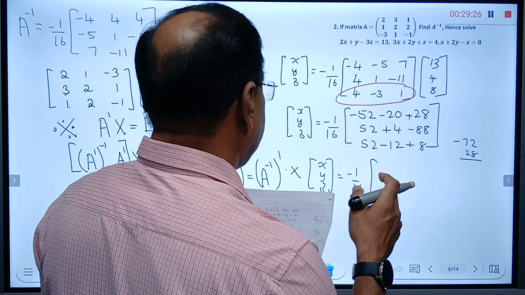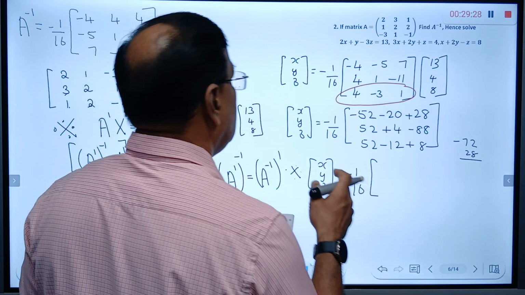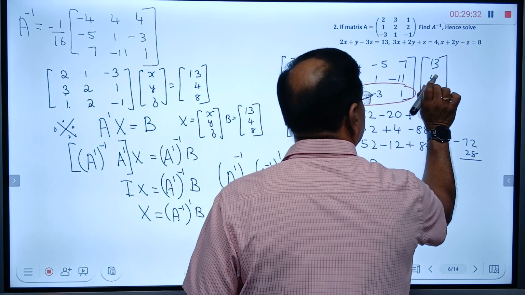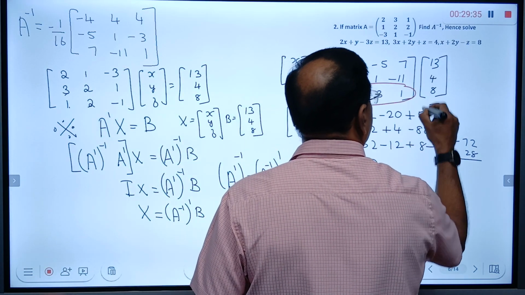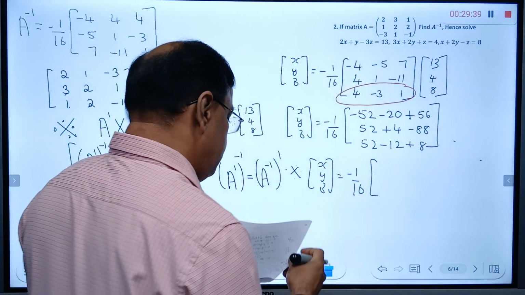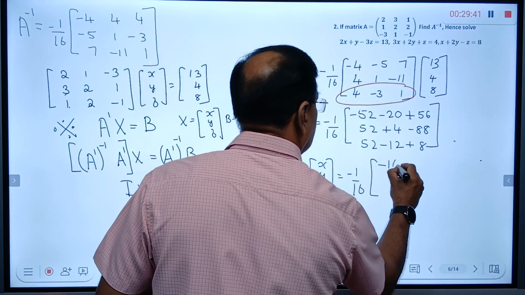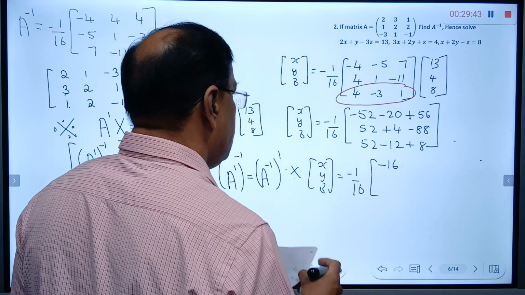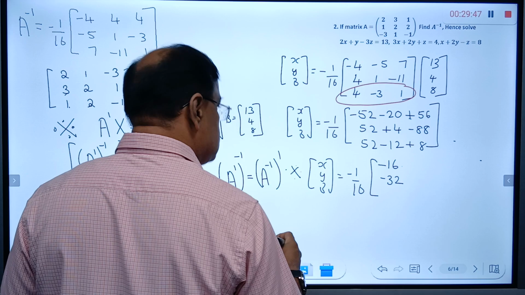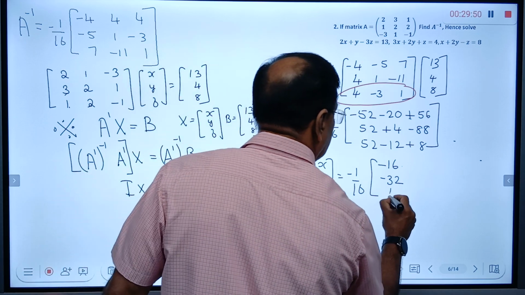So if you multiply, I get minus 50 minus 28. And 7 8s are 56. I told you I make mistakes. Multiplication is a problem. It is 56. Correct? So that will give me minus 16. And this should give me minus 32. And the last value will be 48.